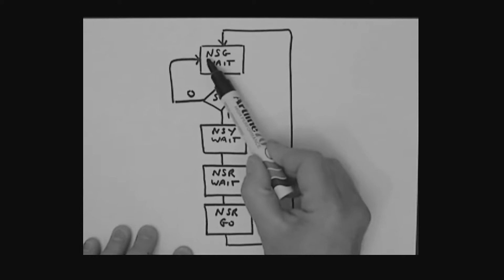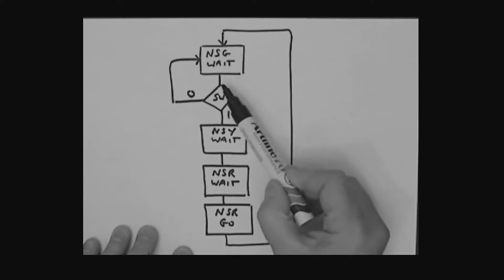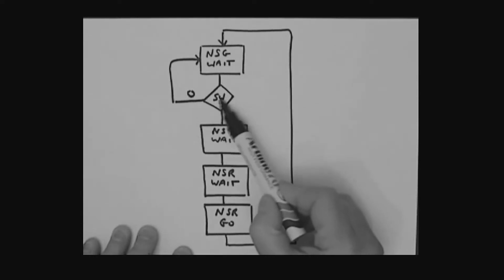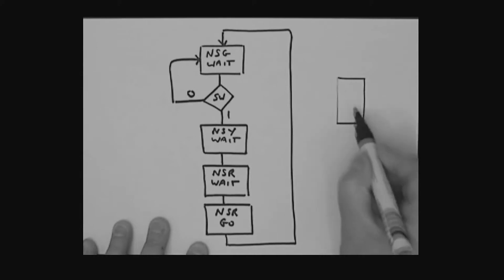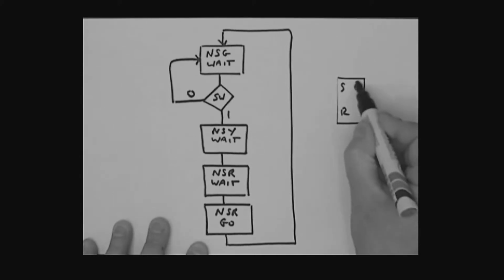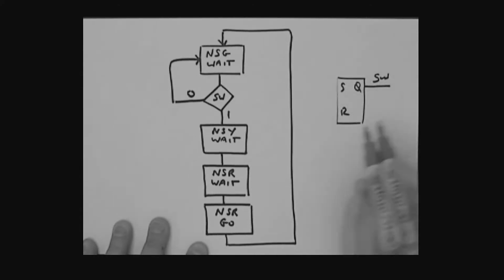So here's our first state, north, south, green, and wait. Now, remember, SW now is what? It's the Q output of the SR latch. That's why we now have called it SW. So in other words, if I drew the SR latch sitting over here, there's S, there's R. The Q output is what we're calling SW.